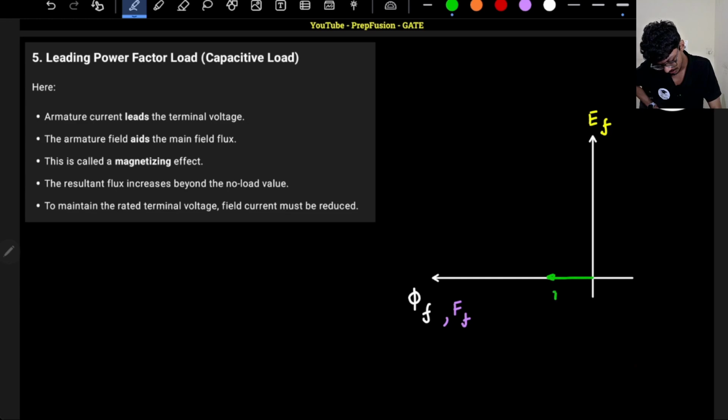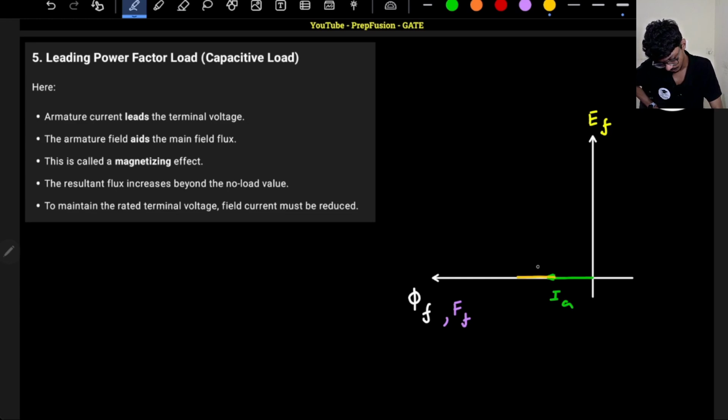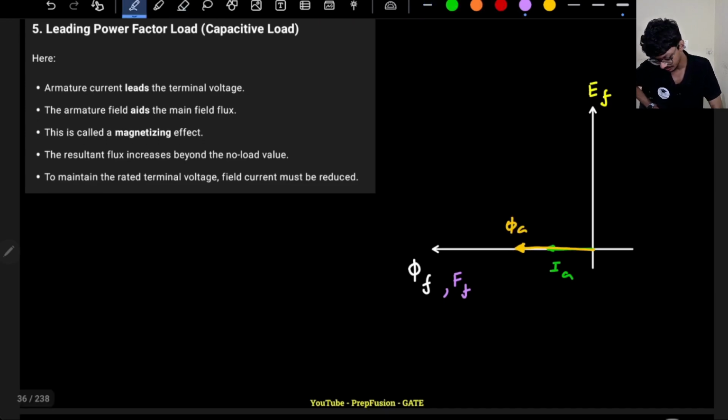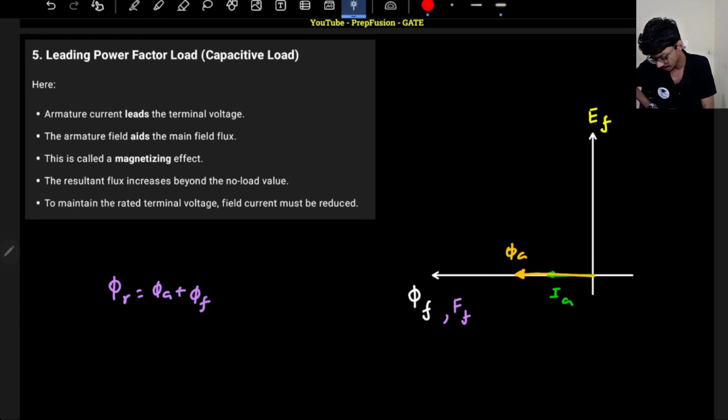This will be my armature current for a leading load, and the flux will be here, phi A. Overall, the resultant flux this time will be phi A plus phi F, both in the same direction. So it causes a magnetizing effect, as the armature field aids the main field flux.